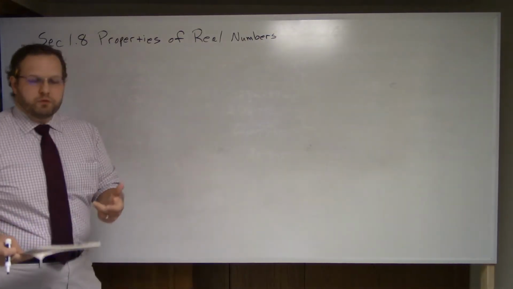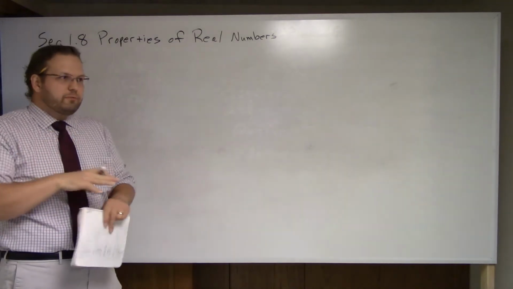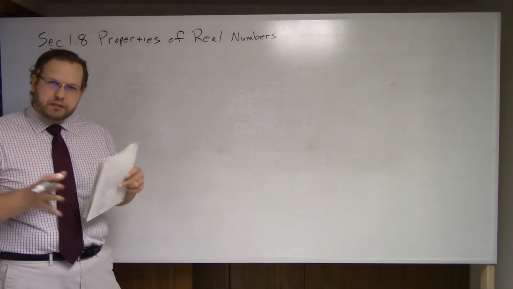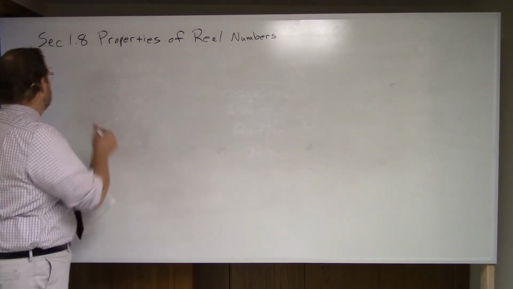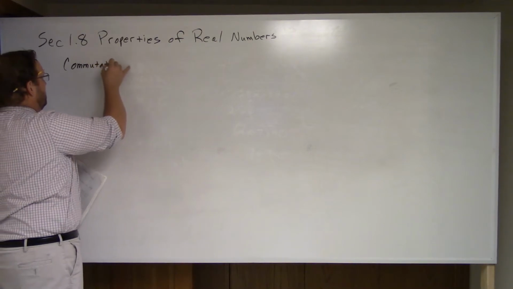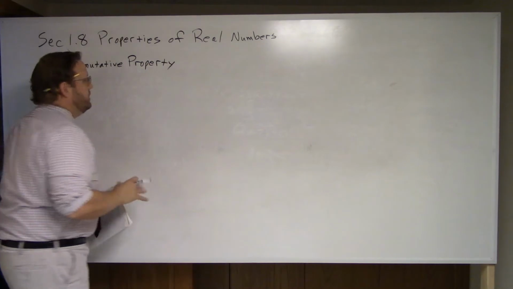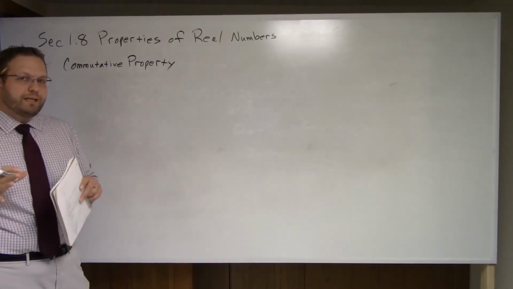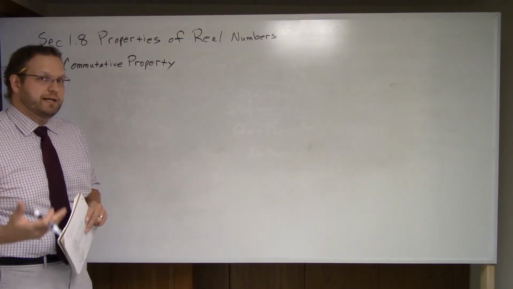Okay, this first one that we're going to talk about is called a commutative property. Now, a lot of times we just say commutative property and that's it, but there's a little bit more detail that we need to make sure we attach to it. So, when we say commutative property, we need to specify what operation that commutative property is actually being utilized under.